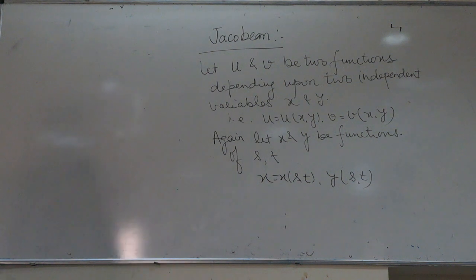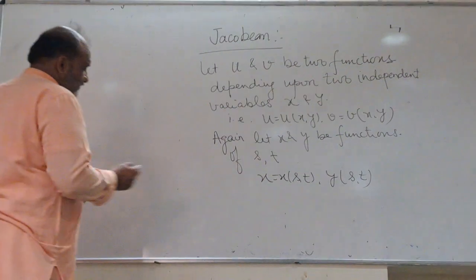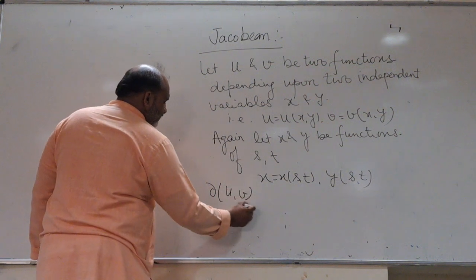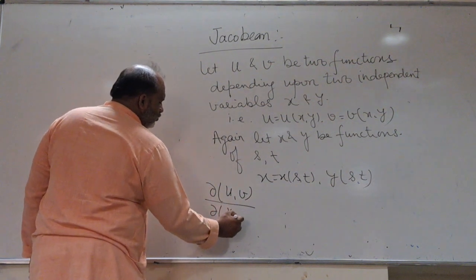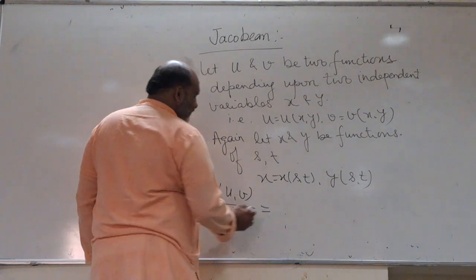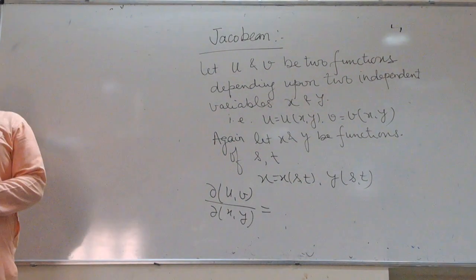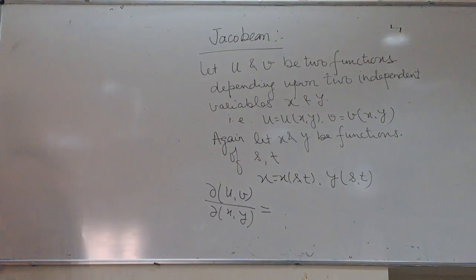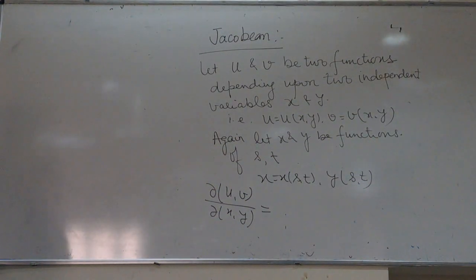Now what is that? First, the Jacobian of u and v with respect to x and y.